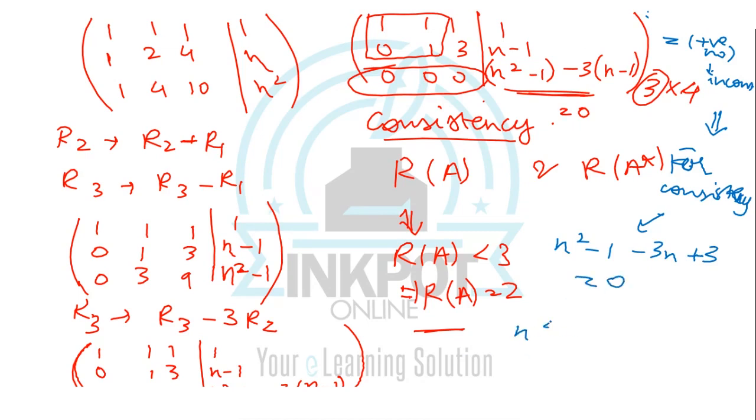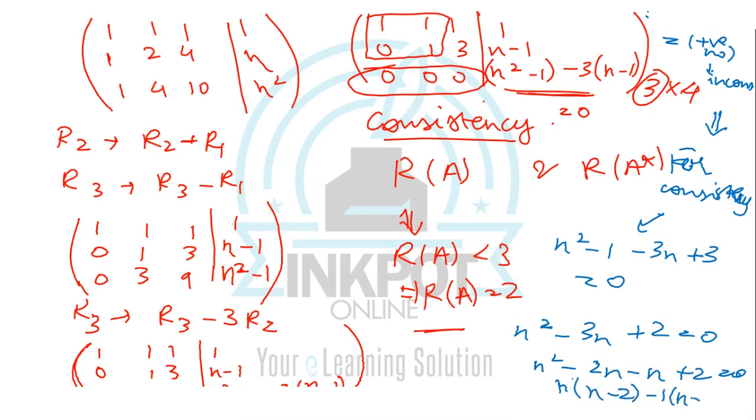Which means that eta square minus 3 eta plus 3 minus 1, which is plus 2, should be equal to 0. So eta square minus 2 eta minus eta plus 2 should be equal to 0. Which implies that eta into eta minus 2 minus 1 into eta minus 2 should be equal to 0.